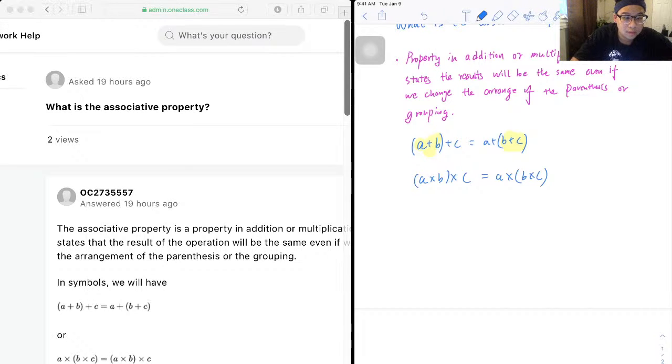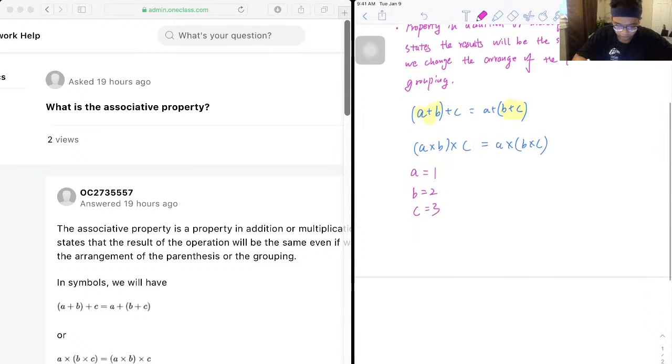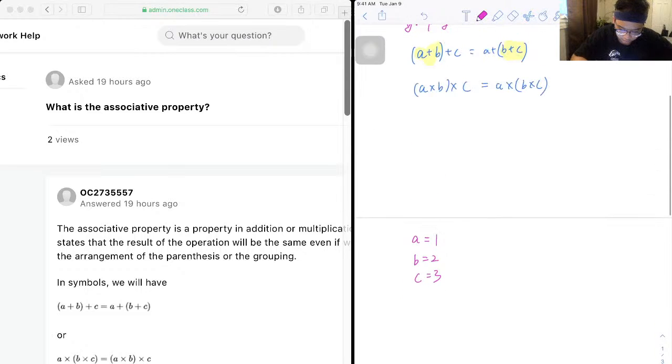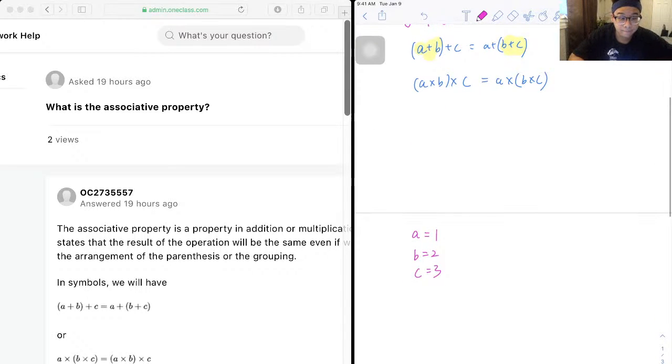Now let's say we have another example. Let A equal 1, B equal 2, and C equal 3. Let's prove that the property is still correct.